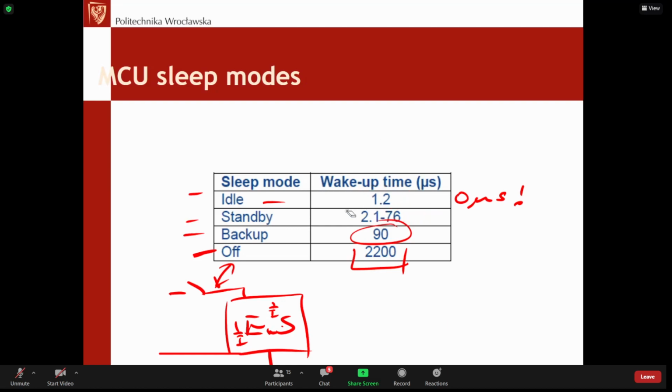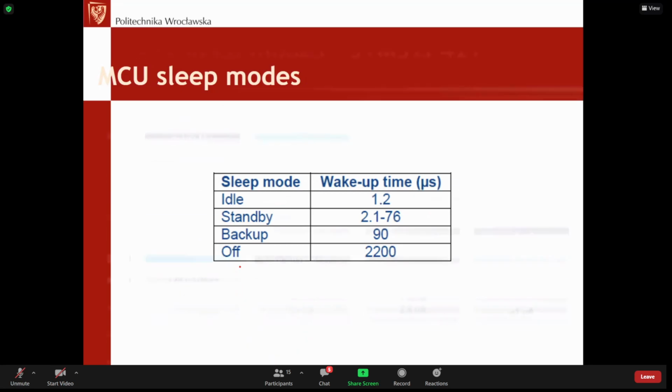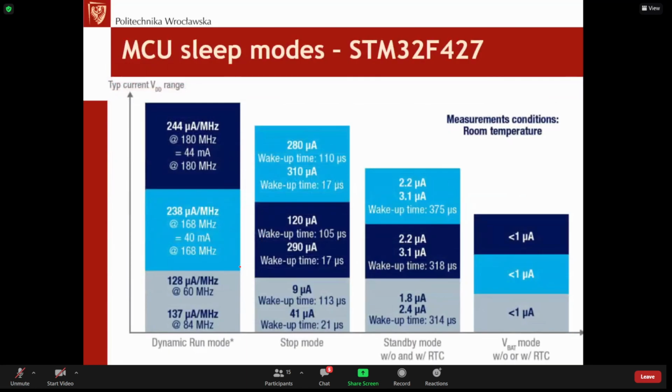So this table shows you the differences in scale between the wake up times of different modes, because in reality this is true. Details may differ.